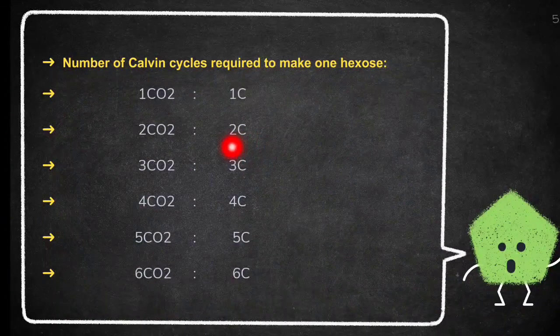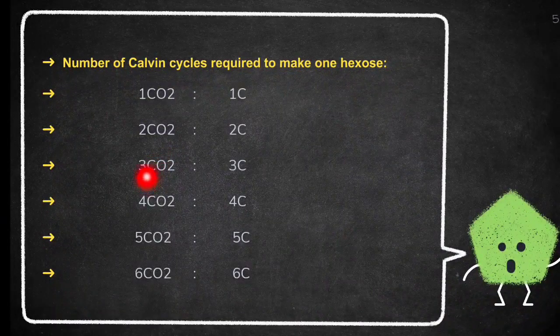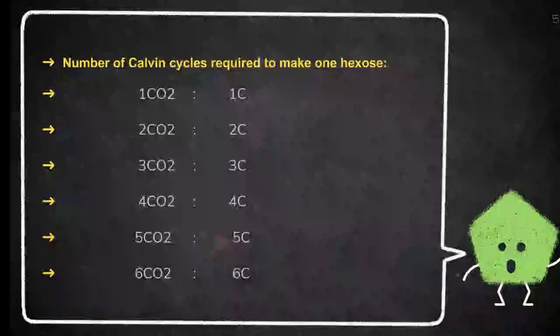Okay, so as we have to understand the formation of carbohydrate, in the last lectures we followed 3 carbon dioxide molecules, because I told you that the number of carbon atoms in carbon dioxide and in carbohydrate will be the same, because all the carbons in carbohydrate come from carbon dioxide. I told you in the very first lecture, general concept of light and dark reactions. So 4 carbon dioxide will give 4 carbons, 5 carbon dioxide will make a 5 carbon carbohydrate, and 6 carbon dioxide will make a 6 carbon carbohydrate.